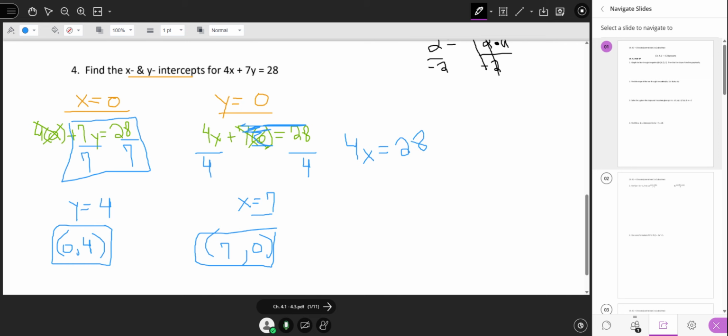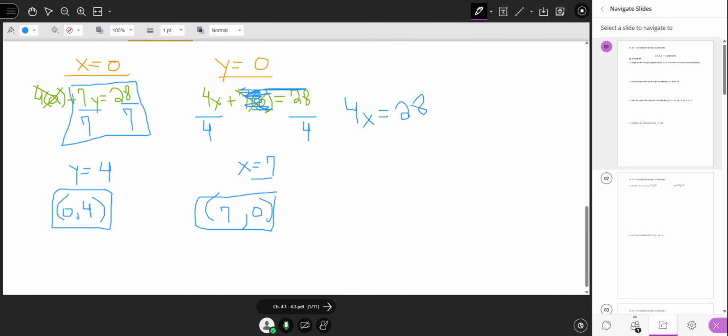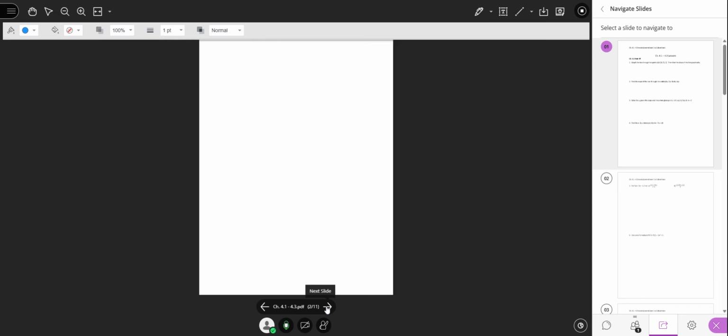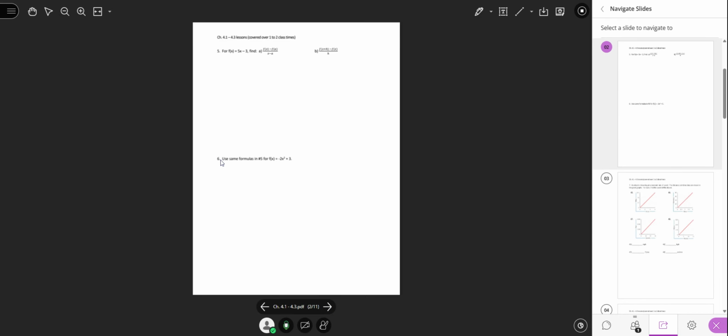If you understood that this y goes away because 7 times 0 is 0, so if you grasp that shortcut, you'll save yourself some time.